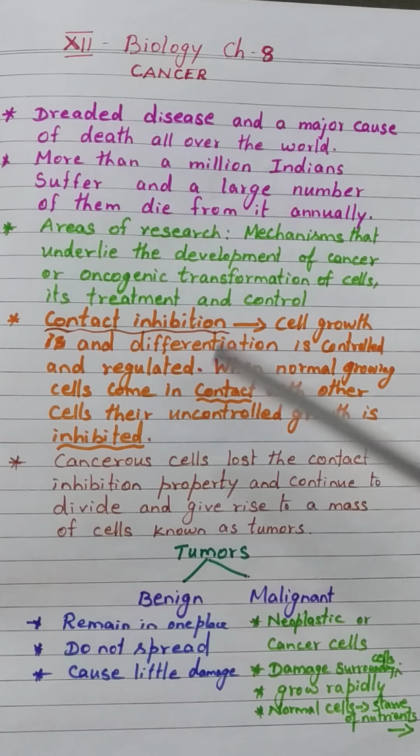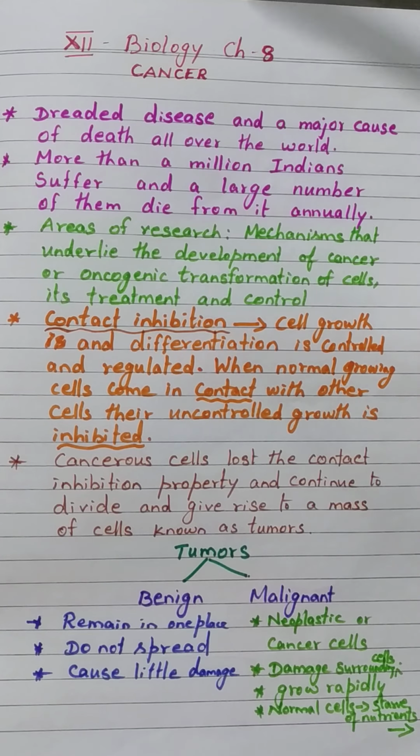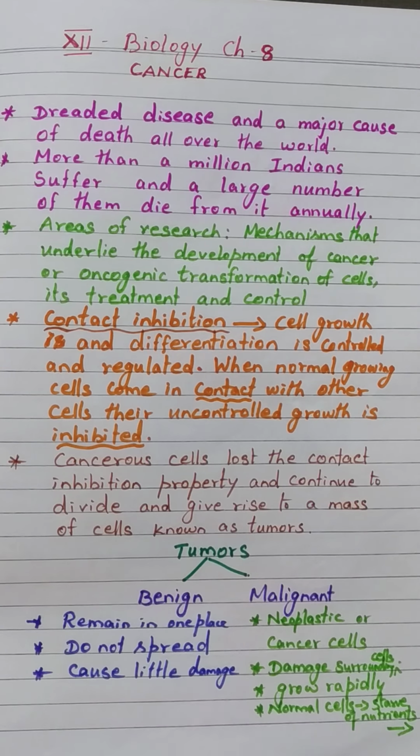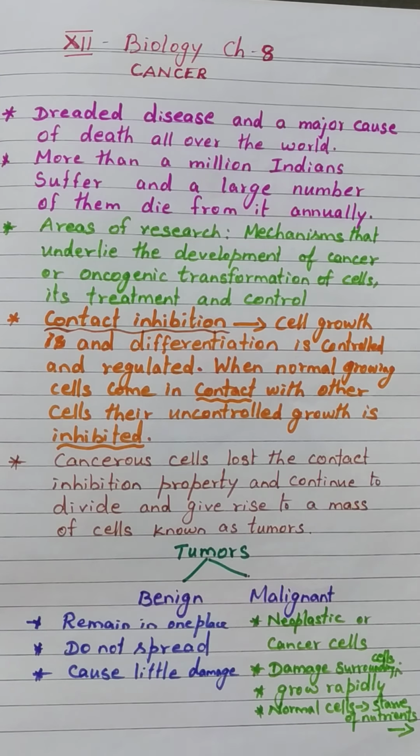Now in our body, first of all, we have to know the normal growth of our body cells. In our body, cell growth and development is regulated and controlled. So our body cells are well disciplined. Their growth and differentiation is controlled and regulated.